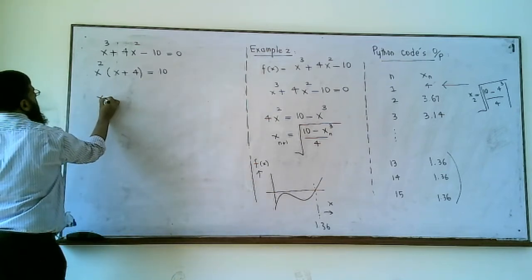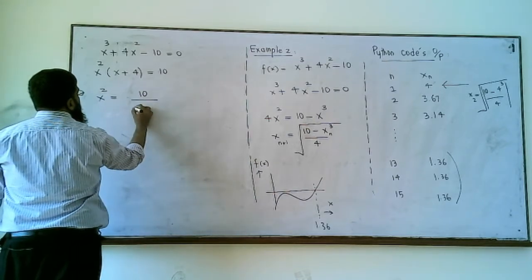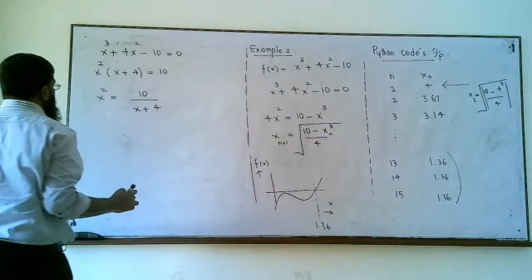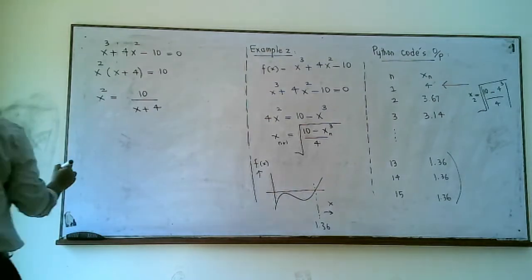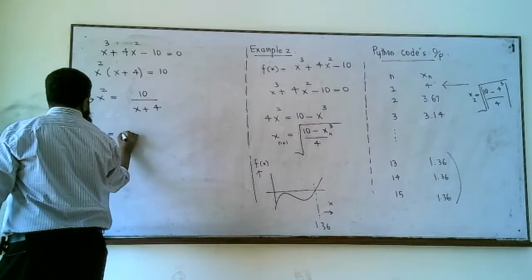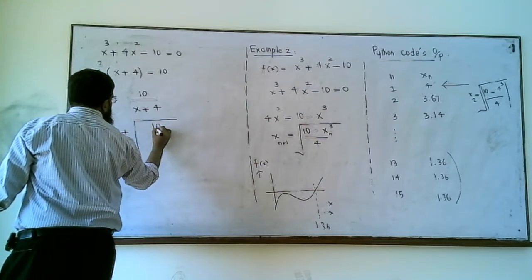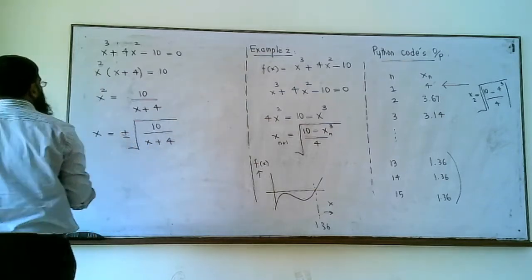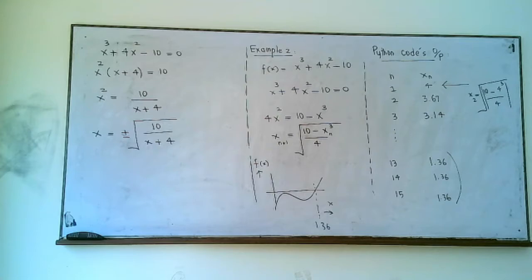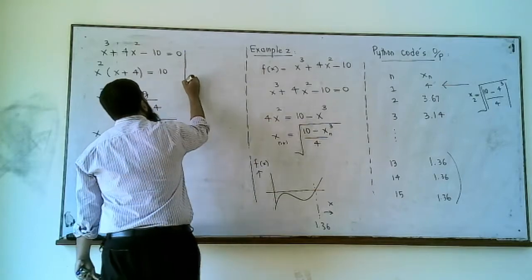So x squared is 10 over x plus 4, and we can write x as plus minus the square root of 10 over x plus 4.